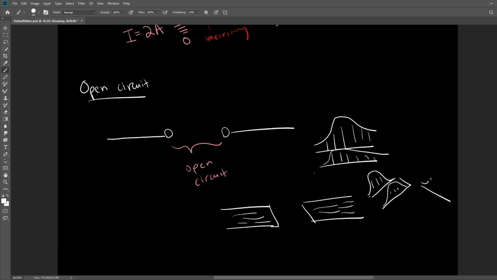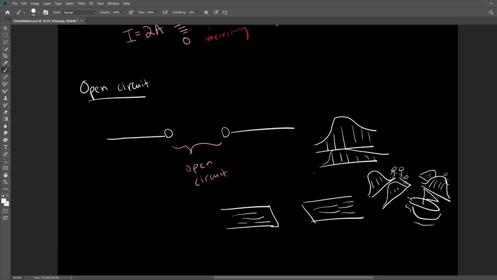Sometimes bridges break in half so that ships can move under them. Well, that's pretty much what our open circuit is. In the bridge scenario, there would be no flow of people across the bridge.